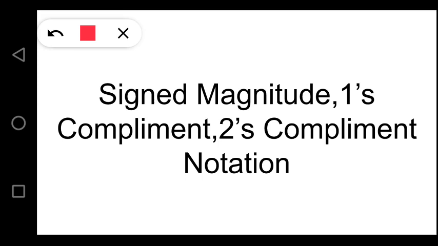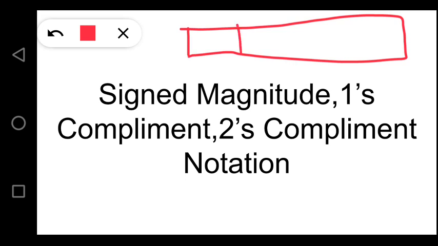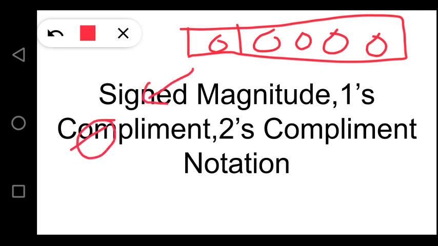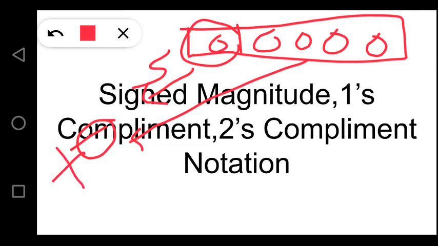One of the biggest disadvantages, I hope you remember, if this is my sign bit, all are zeros, this is also zero. What it represents? Of course, magnitude is 0. But here I have a sign bit. This MSB represents the sign bit. So it is 0. That means it is a plus 0.